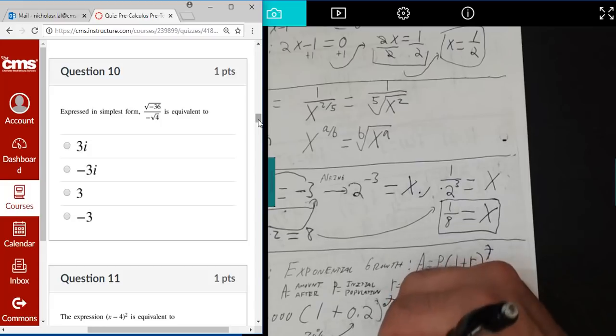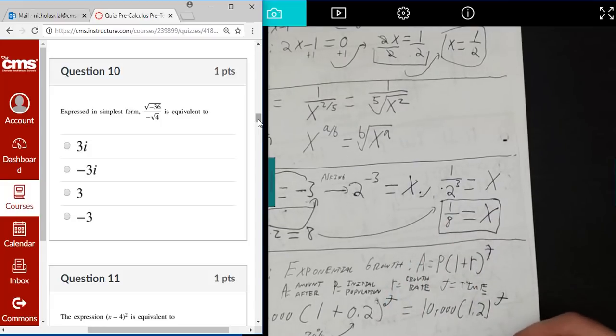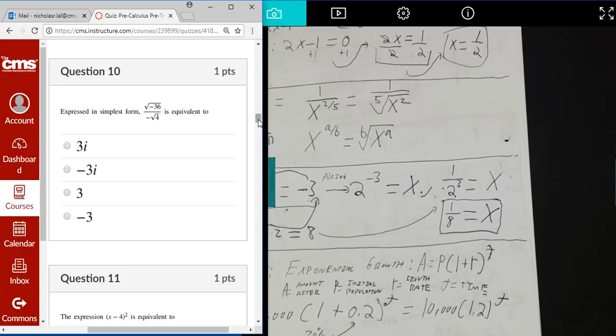Oh, sorry, over -2. So we'll have -3 times the square root of -1. The mistake I made here is I had -2 there. I just need to make sure that I keep the sign as I keep on drawing the problem. So -3 times the square root of -1, and the square root of -1 can be expressed as i because it's an imaginary number. So that's going to be expressed as -3i.